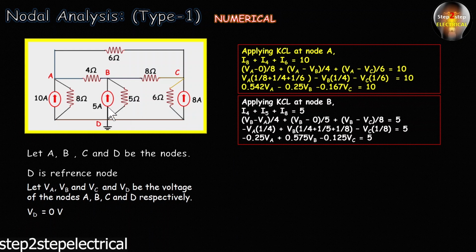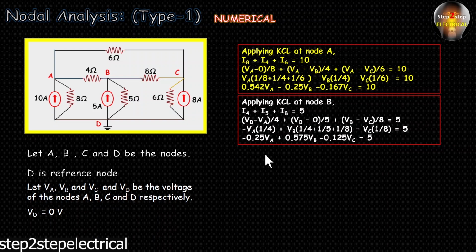Why 5? Because the 5 ampere source is the only current entering node B. On solving, we get minus 0.25 VA plus 0.575 VB minus 0.125 VC is equal to 5. This is the second equation.